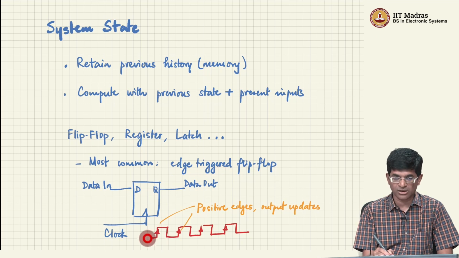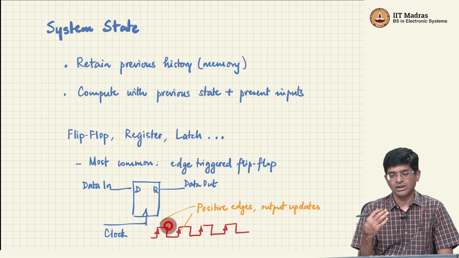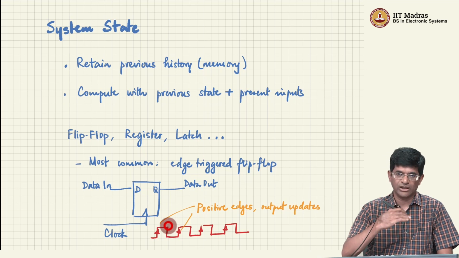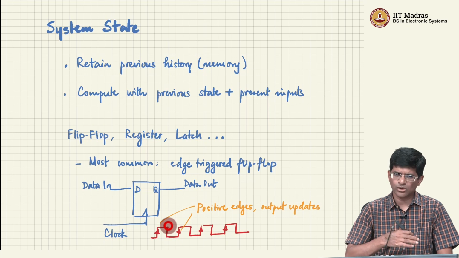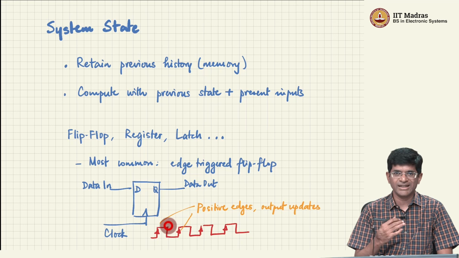A positive edge on a clock is something where the clock signal, which is after all a digital signal, and therefore we are going to assume it takes on two values, 0 and VDD, it can switch between those. Of course, it goes through all the values in between in the process of transition, but 0 and VDD are the only relevant Boolean or binary values that you care about.